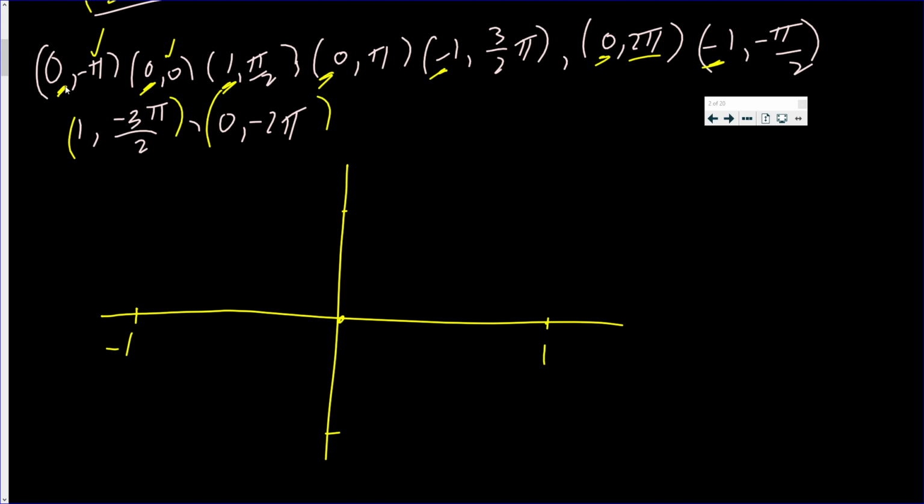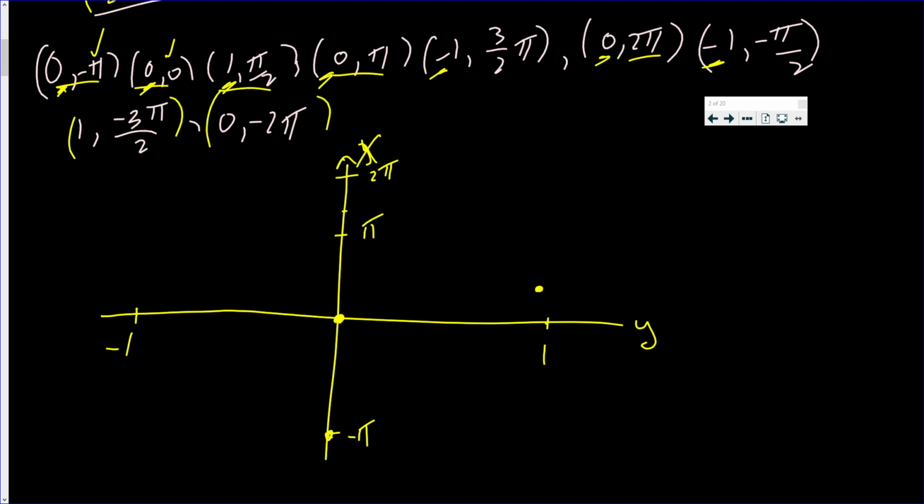Except, remember, we called those y's. And this became x. We switched x and y. So we have 0, -pi. That's here. We have 0, 0. That's here. We have x is 1, but this is pi. That's 2 pi. But we only go up half a pi.